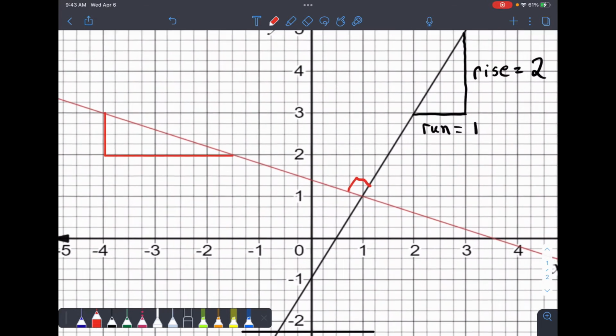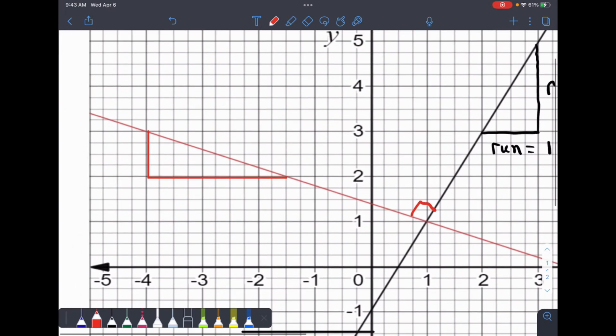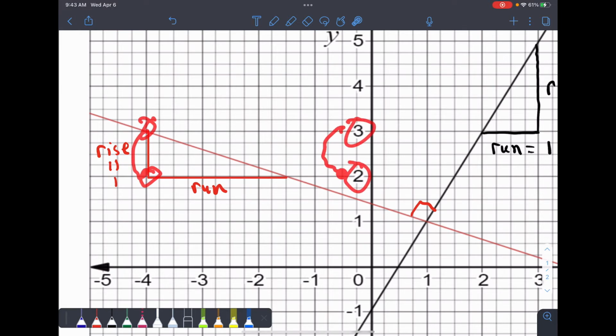Maybe not. Again, we want to find the rise and the run. So the rise in this case is equal to 1. We just go up 1 unit. We go from here to here, which is the same as going from 2 to 3. In fact, we go down. Okay, as our x values increase, our y values decrease.